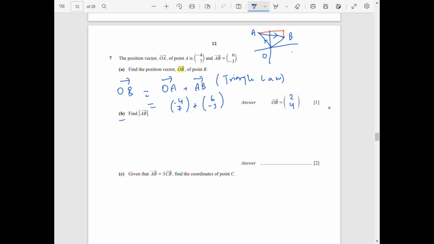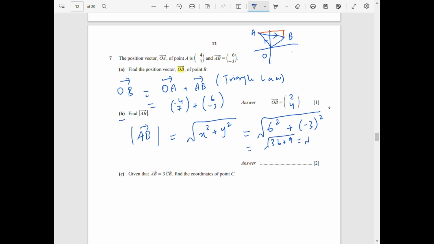Okay, for part B, you have to find the magnitude of the vector AB, and the magnitude here is represented by the modulus. So you can simply use the formula for that, the square root of the sum of the squares of the x coordinate and the y coordinate. Since we know the x coordinate is 6 squared, and the y coordinate is -3 squared, that will give you 36 plus 9, which is 45, and the square root of 45.